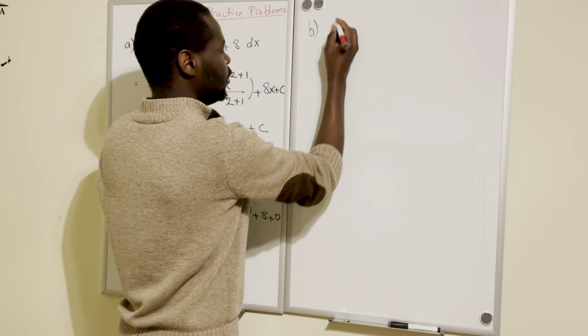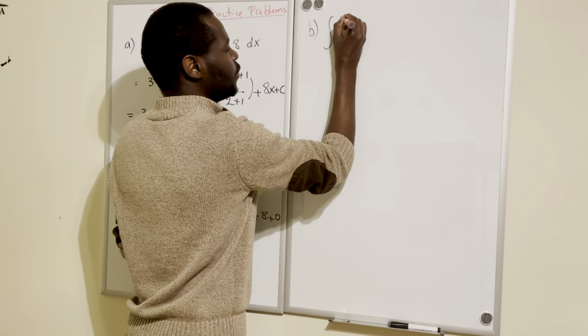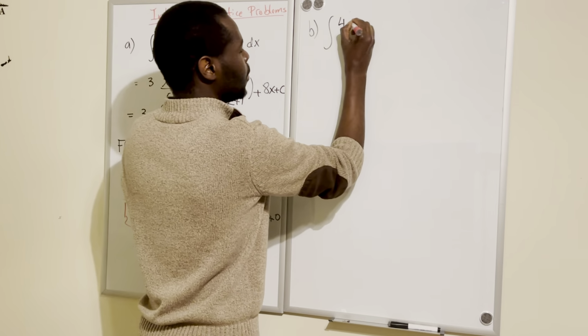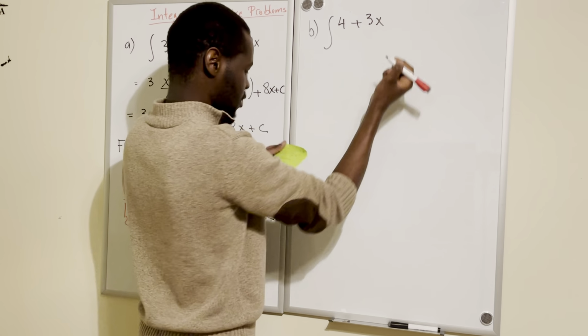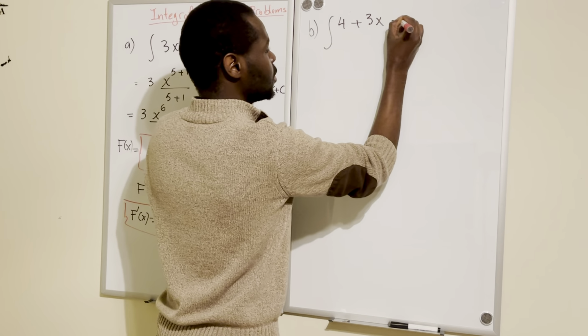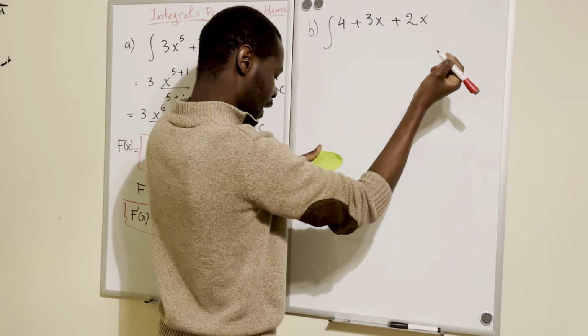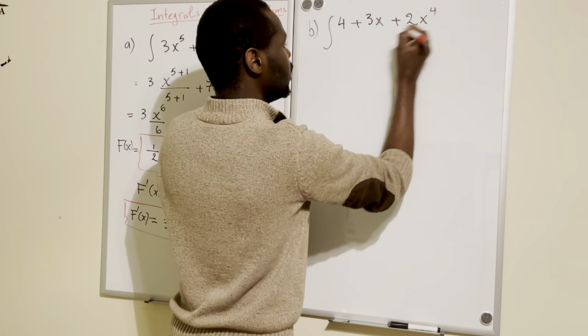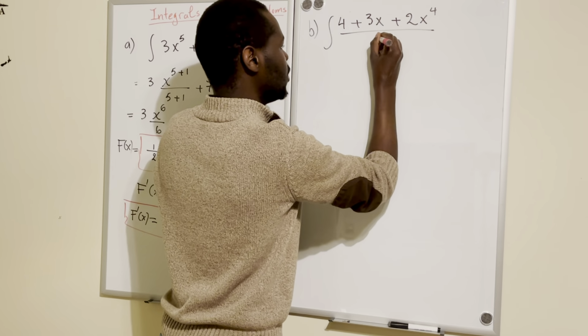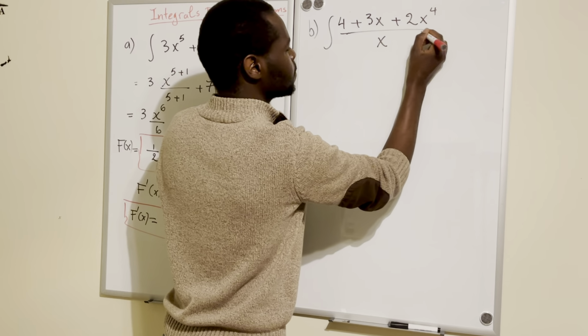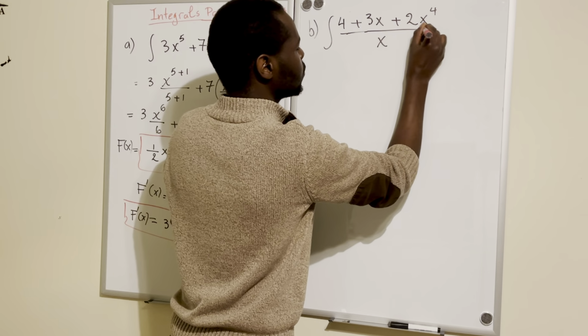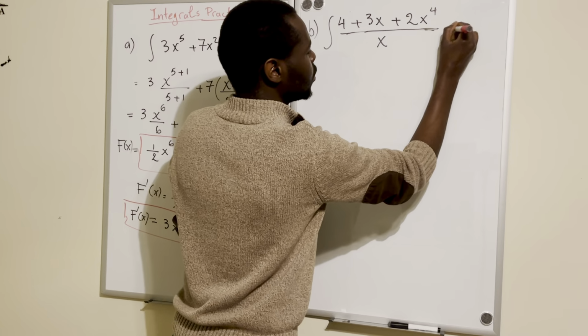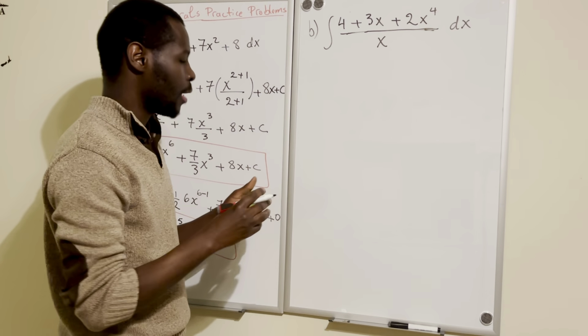So I have the integral of 4 plus 3x plus 2x to the power 4, divided by x, dx, okay?